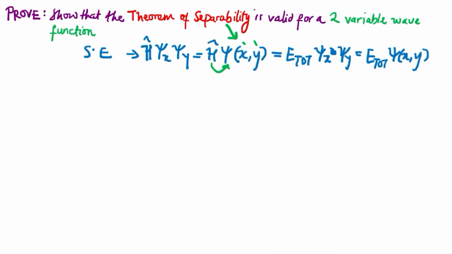So to prove this, we're going to isolate the left side of the equation, which is this part right here, and see whether we can make the left side equal to the right side by proving this theorem of separability.